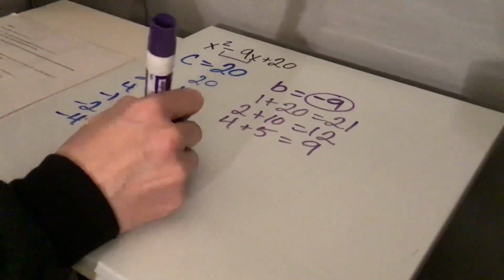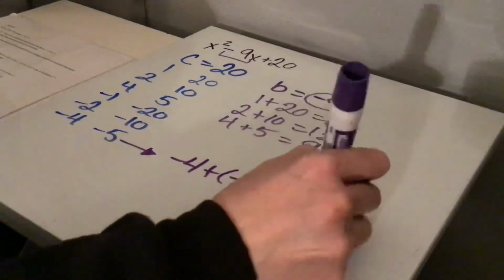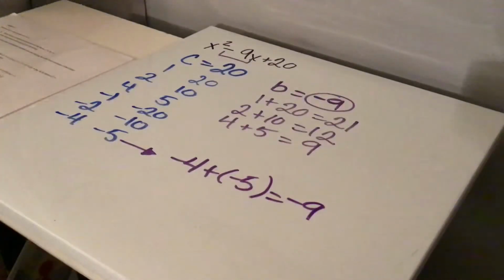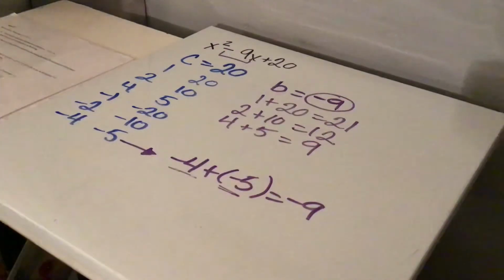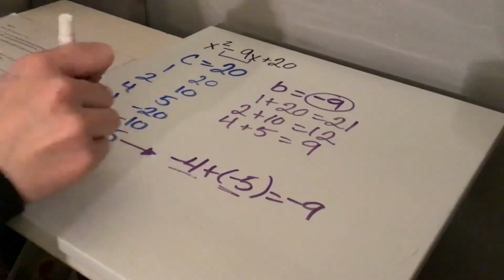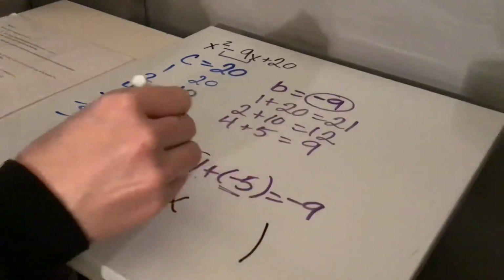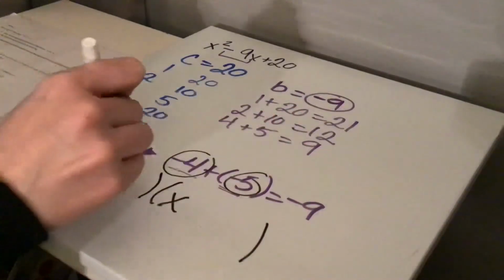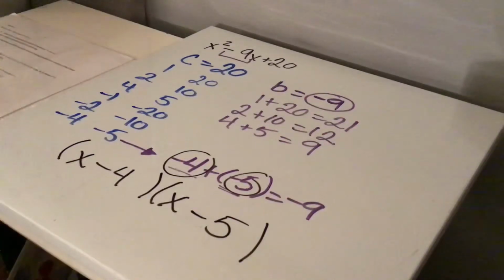Let's look down here at negative 4 plus negative 5. That's negative 9. So these are the factors that we want. So then we can say, okay, again, it's 1x, so it's x here, another set of parentheses, x, and then these get filled in. So it's x minus 4 times x minus 5. And now it's factored.